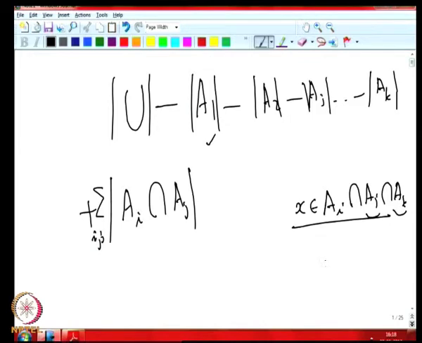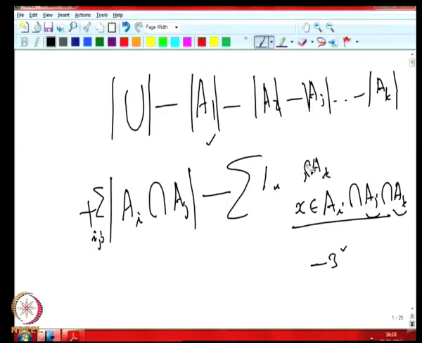That means minus 3 was subtracted, but then we re-added it 3 times. So 3 times subtracted and 3 times re-added. So we would think that it was not subtracted at all, but it has to be subtracted. So we subtract such terms again, all the A_i, A_j, A_k intersection terms.